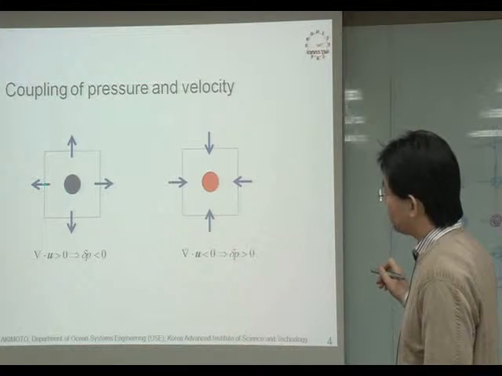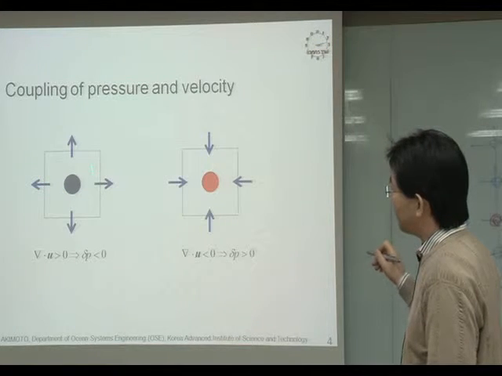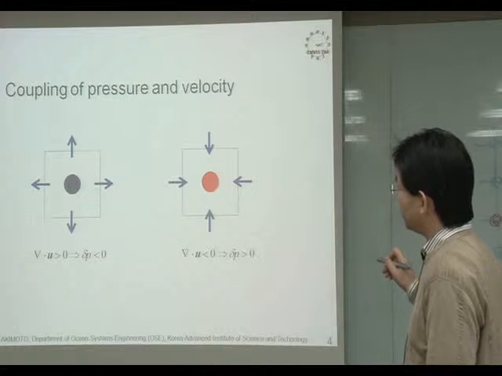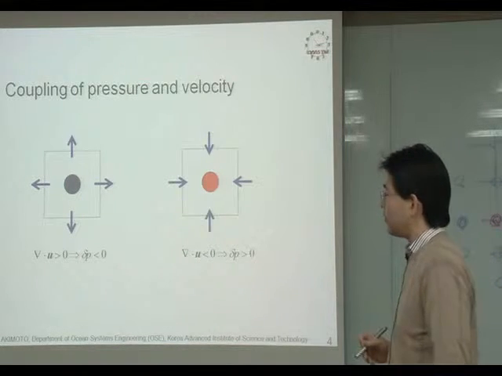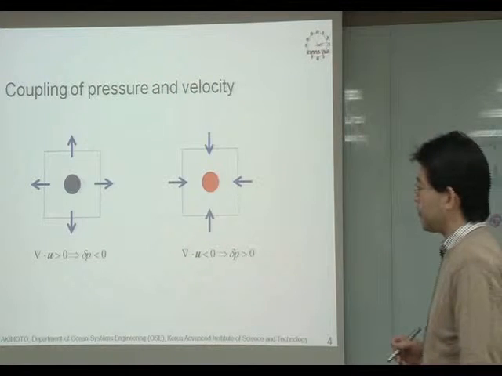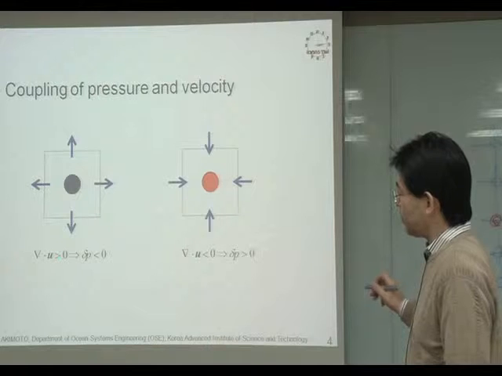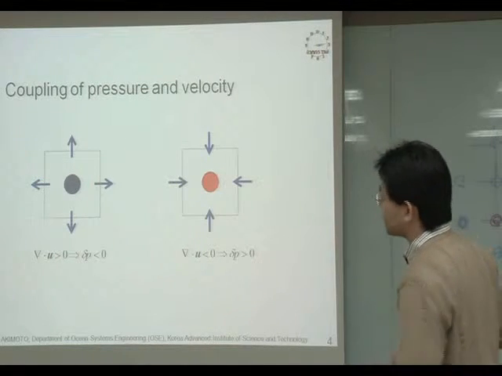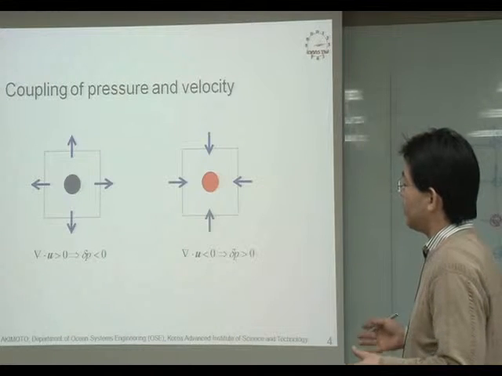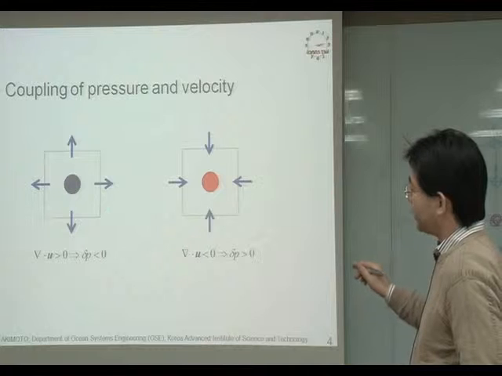If velocity components are defined on the surface of control volumes, and the divergence of the velocity vector on the control volume is positive, it means fluid mass is going out from this area.